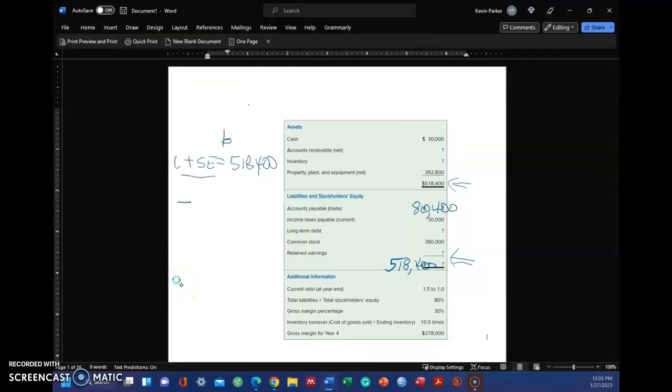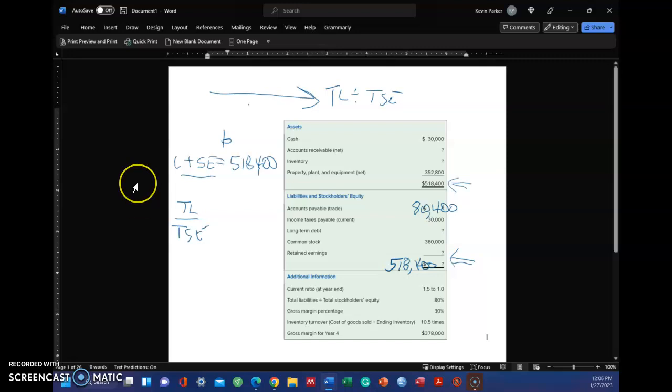So let's rewrite that. When I write equations this way, total liability divided by stockholders' equity, I guess that's just how I was taught to do fractions. Maybe it goes back to elementary school.